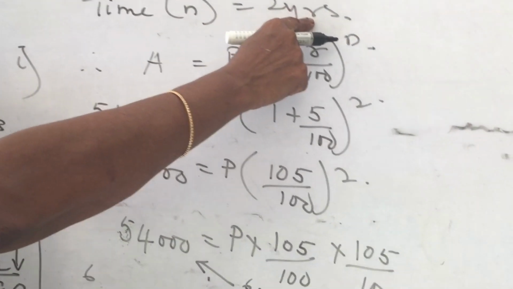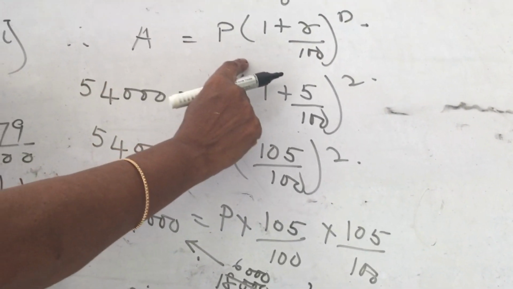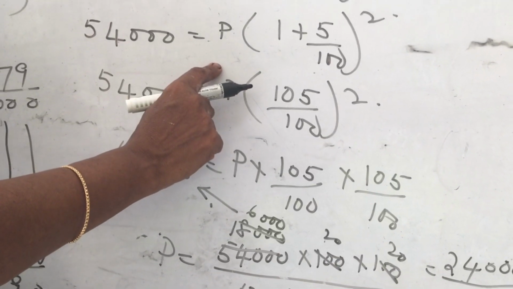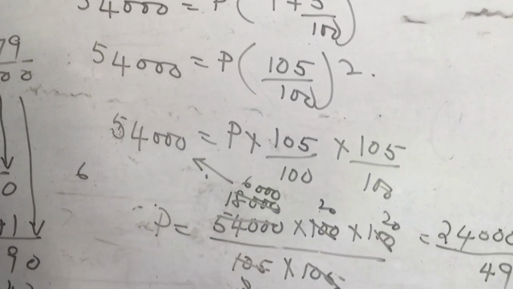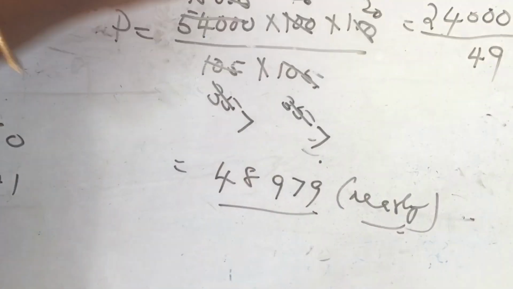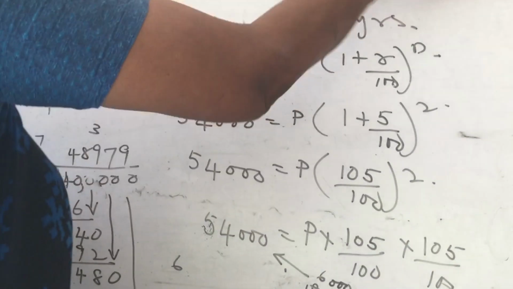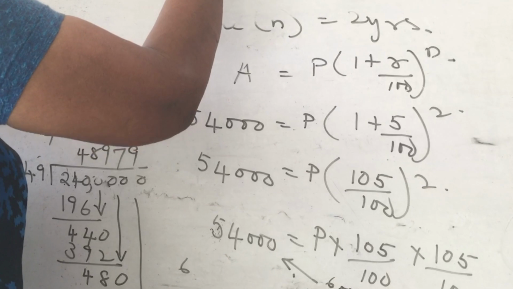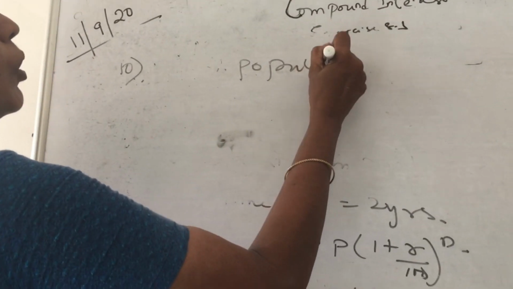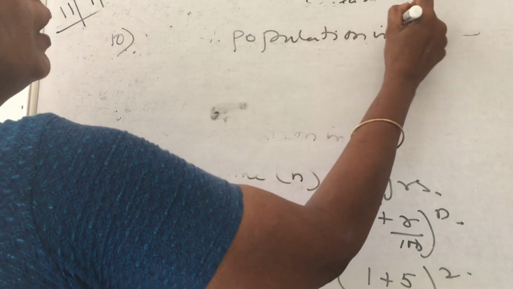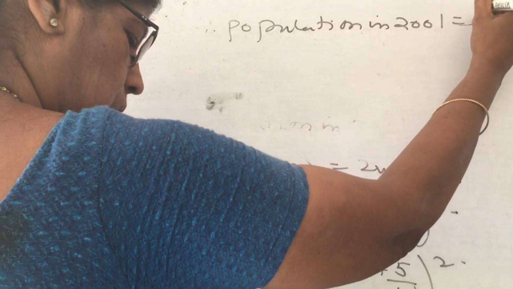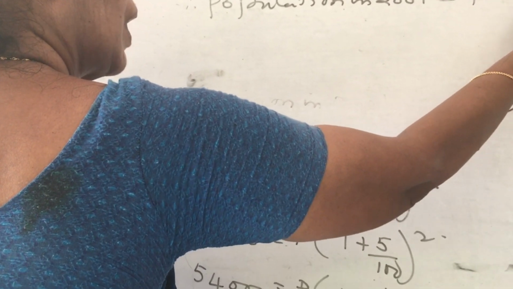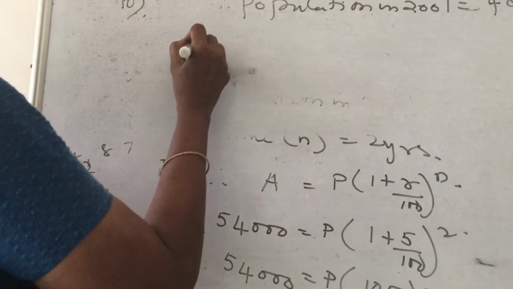Time n is equal to 2 years. Amount is equal to P into 1 plus R by 100 whole power n. Use the formula, evaluate P. So, what is the population in 2001? It is 48,979. Now be big, children.